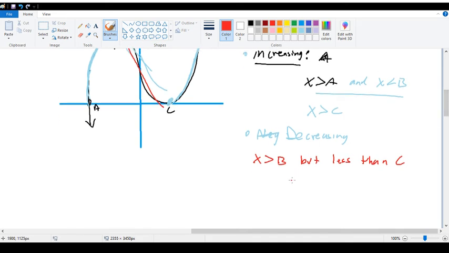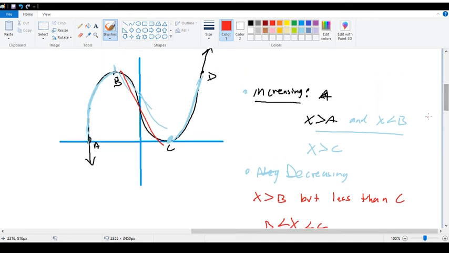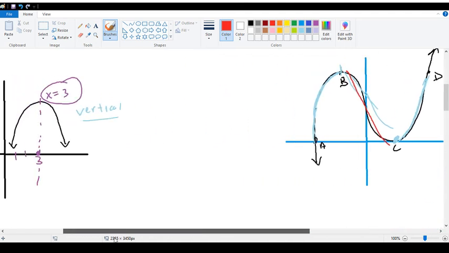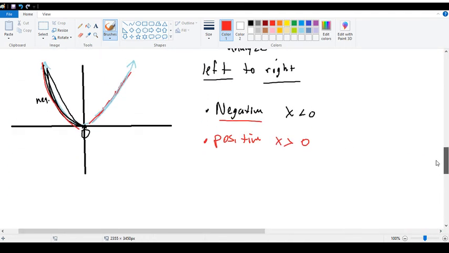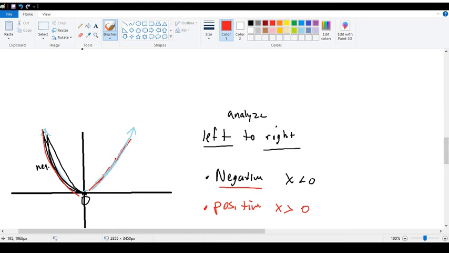All right, we can write this like this: more than b, less than c. All right, in other words, if I go back to my other examples, right here, I should have said decreasing instead of negative. So this is decreasing, and that it's increasing. It's going up.